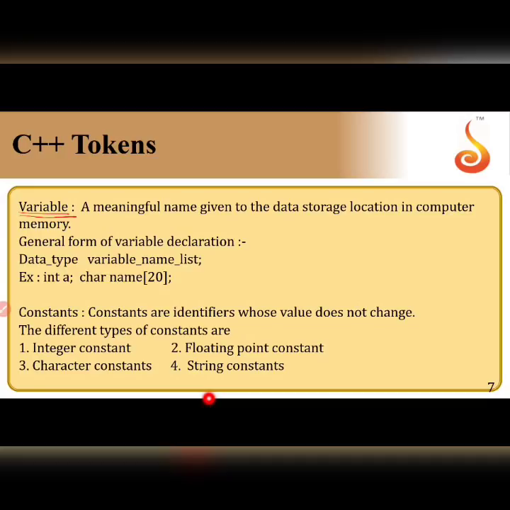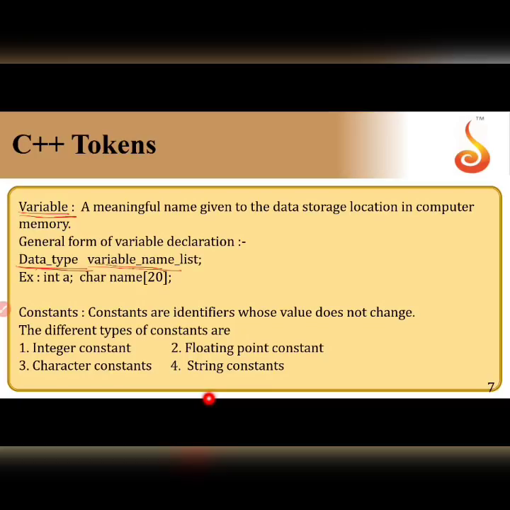The general form of variable declaration is data type, followed by the variable name list. What do you mean by data type? That is, what type of data the variable is going to hold. Depending on the data type, that many bytes of memory would be allocated.